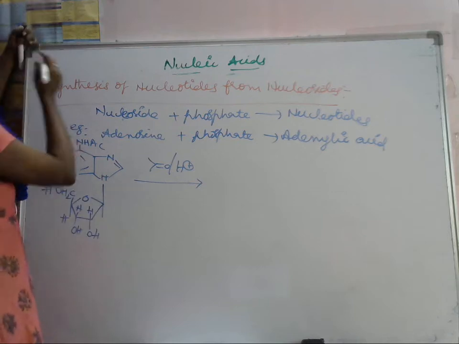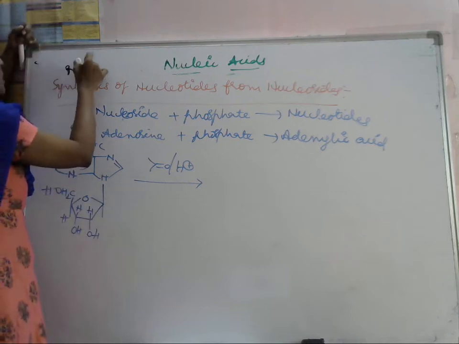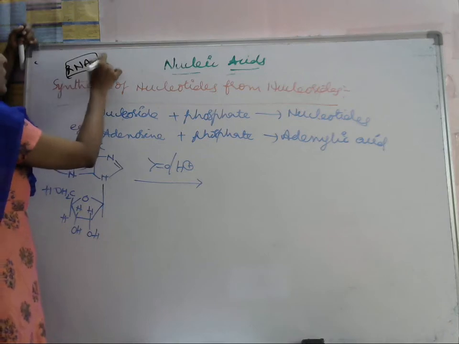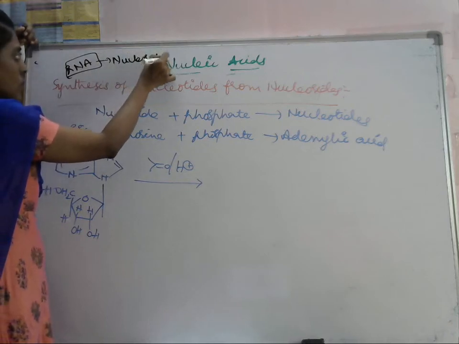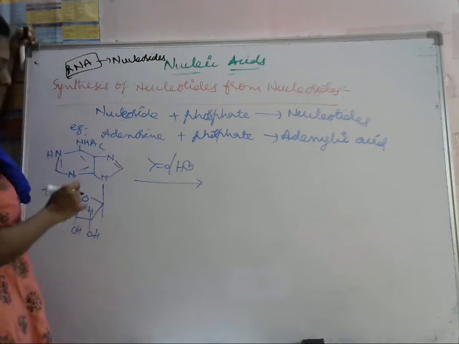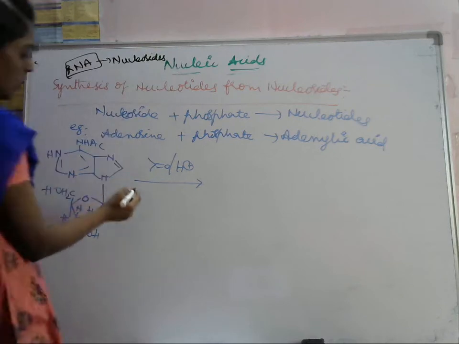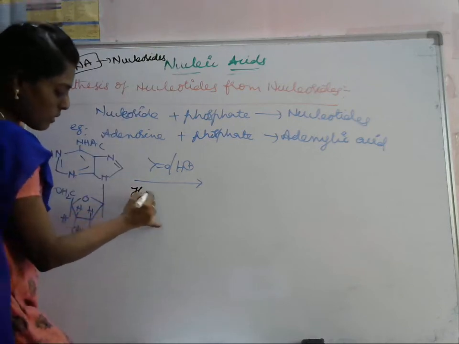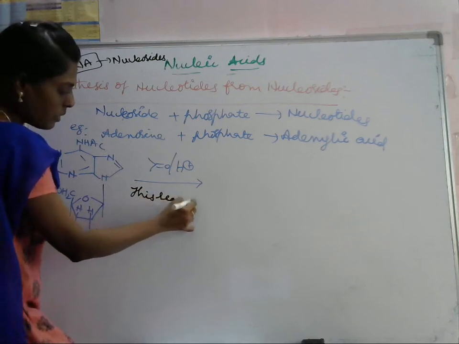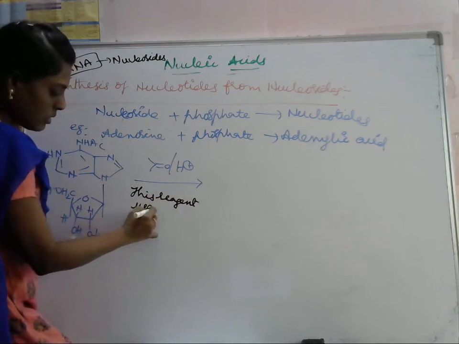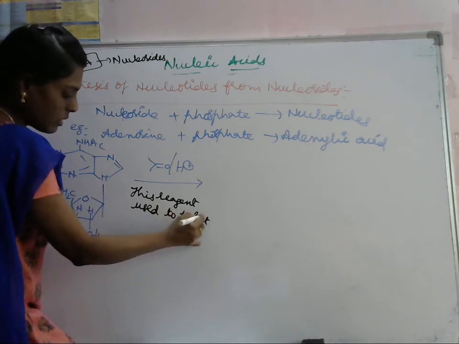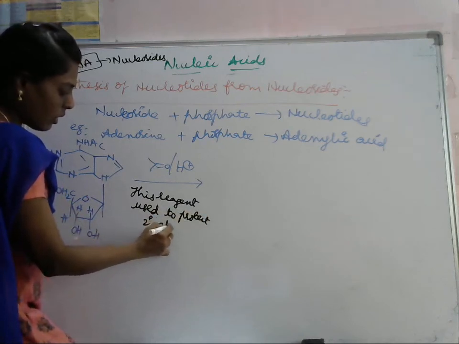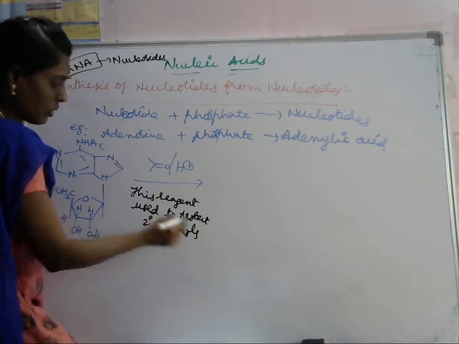If you consider it as an RNA nucleotide, at the second position there is an oxygen. So this reagent is used to protect secondary alcohols.